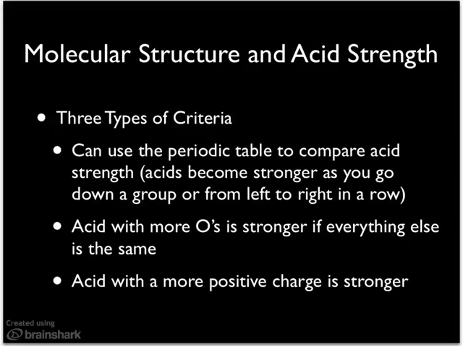So the ones down at the bottom right will be the strongest acids, whereas the ones to the top left will be the weakest acids. Another criterion is that the acid that has more oxygens in it will be stronger. You might notice that everything else in the structures is exactly the same except for the number of oxygens, so at that point you just look at the one that's higher in oxygens to figure out which one's stronger. And the last one is that the acid that has a more positive charge will be stronger, because it has more hydrogens attached to it.